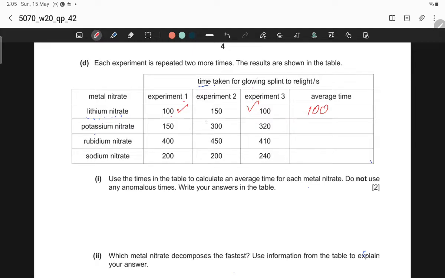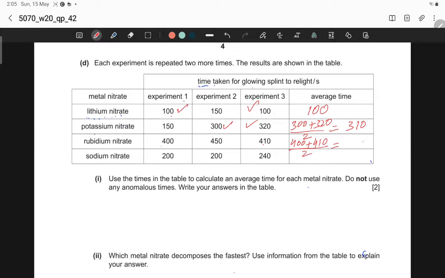For potassium nitrate, 300, 320 and 310, and for rubidium nitrate, 400, 450 and 410, so 400 and 410 can be used.